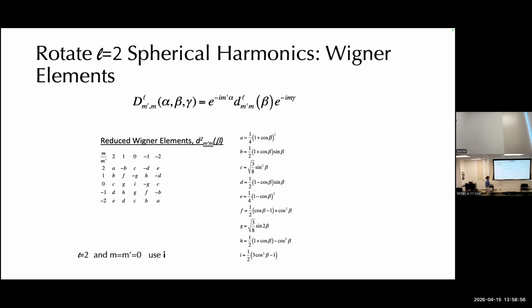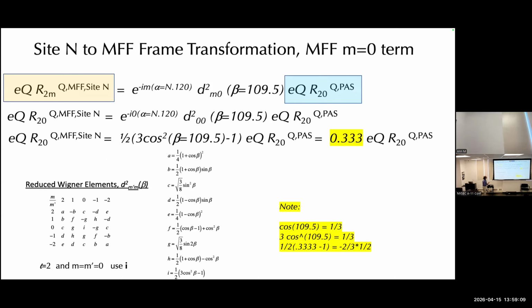And I'm going to use this that we had already in another slide. Okay. Now, if I'm going to be doing the m equals 0 first, at the next slide, yeah, there. If I want to do the m equals 0 term, I'm going to have something like this. Either the i m alpha had this value, and then D2 m0 beta has this value, and then this is the PAS value.